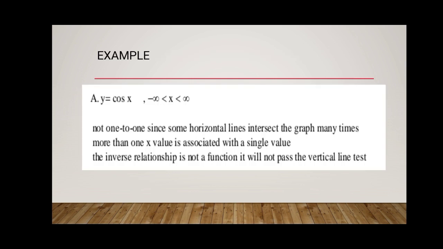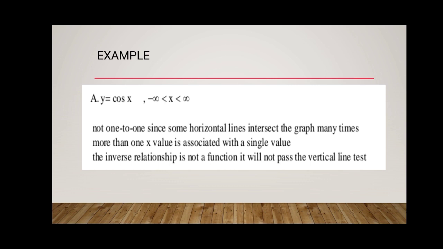Example, y equals cos x, where negative infinity is less than x, less than positive infinity. Not one-to-one since some horizontal lines intersect the graph many times.